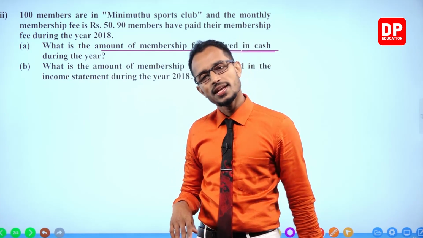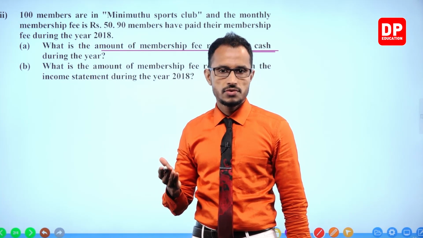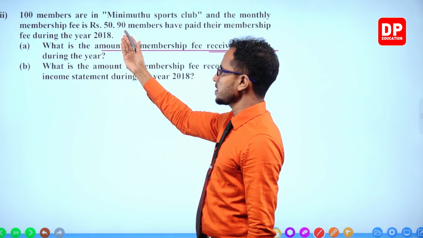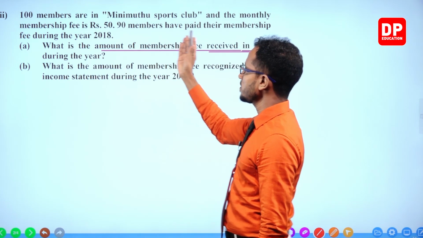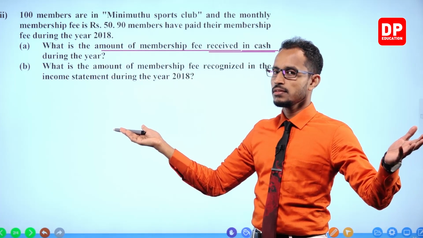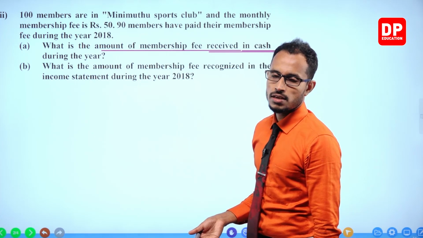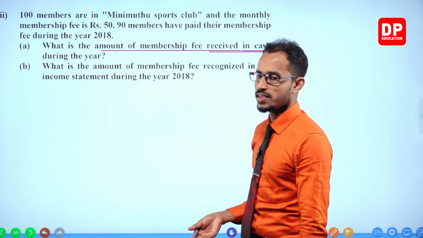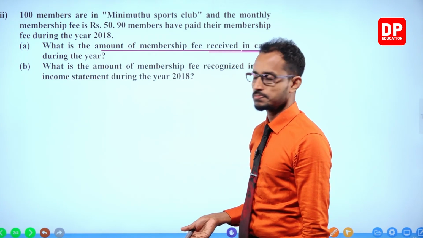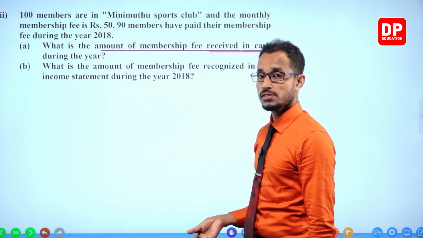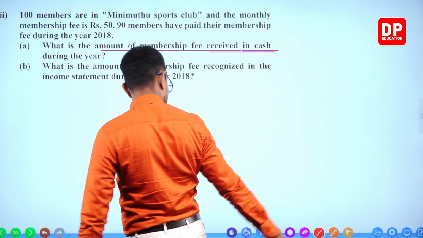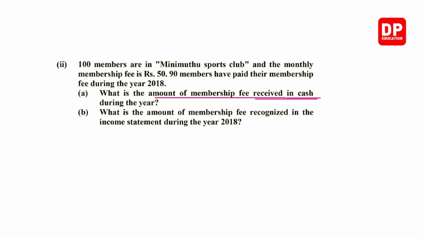10 members have not yet paid. Out of 100, only 90 paid. So 10 not yet paid. You can't take that 10 because they have not yet paid. So take 90 only. Let's take 90. A, what are they asking? What is the amount of membership fee received, right?